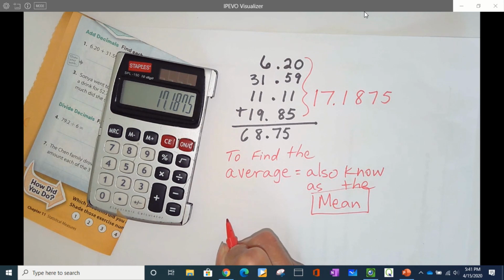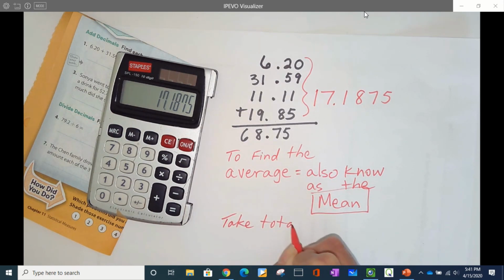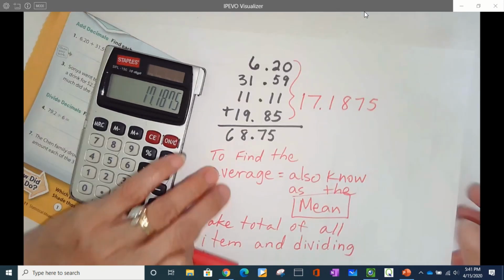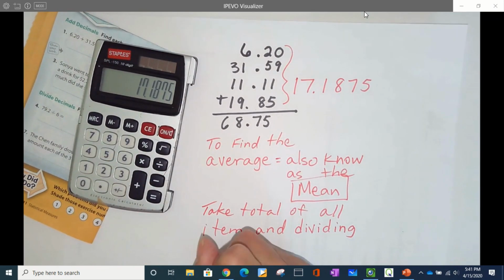You would be taking the total of all items and dividing by the number of items.